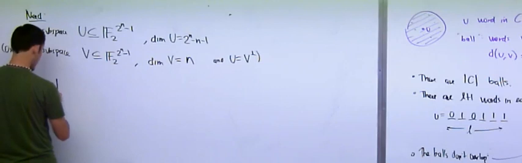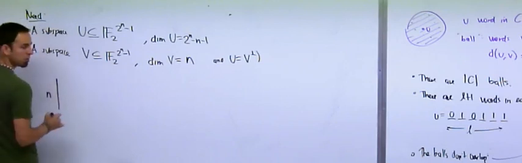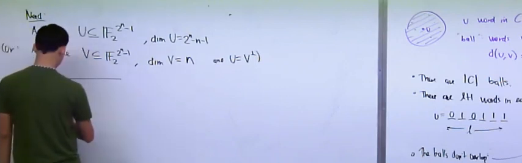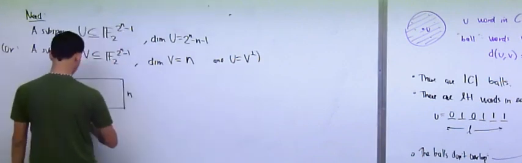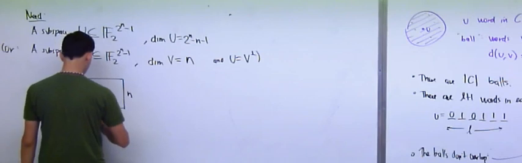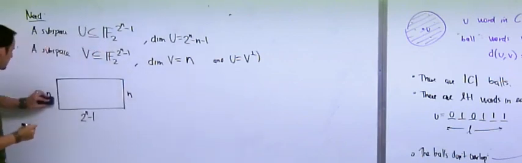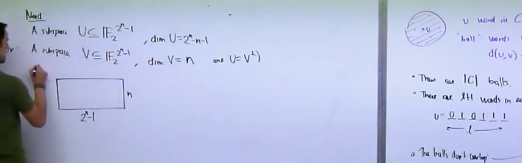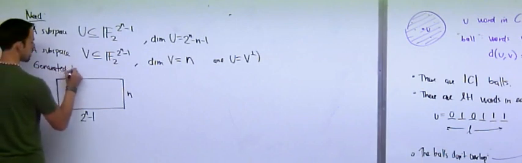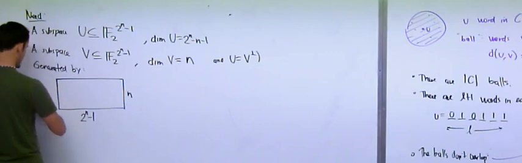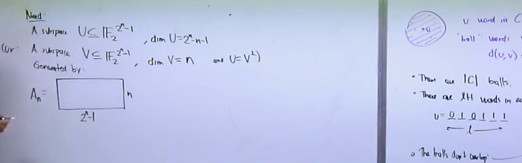You basically need n row vectors of length 2 to the n minus 1. So let's say that this is generated by some matrix.